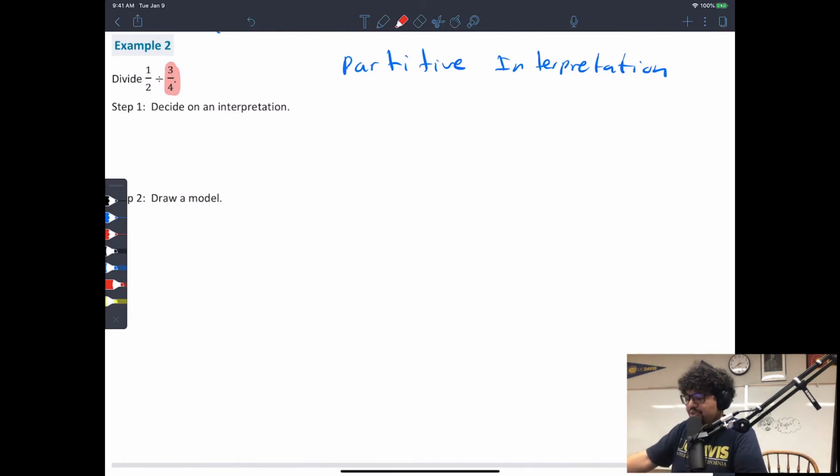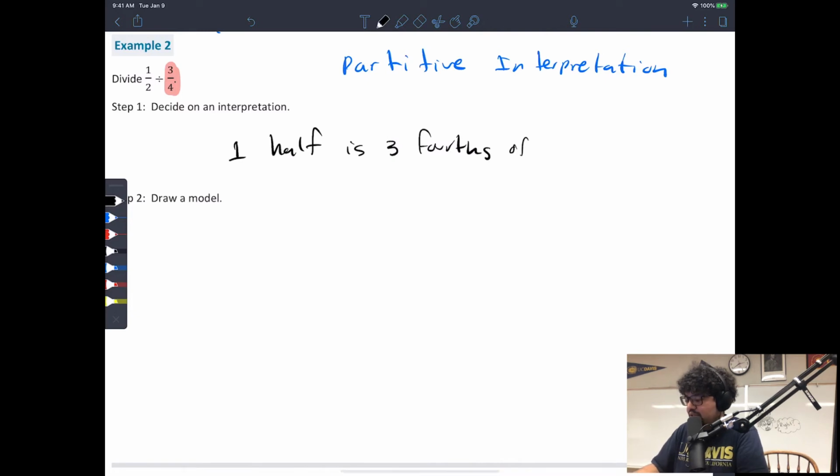When we use measurement interpretation, we base our model on the first fraction typically, but for partitive, we base it on the second fraction. So the question is, 1/2 is 3/4 of what number?